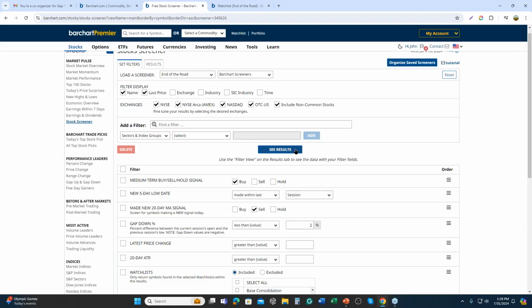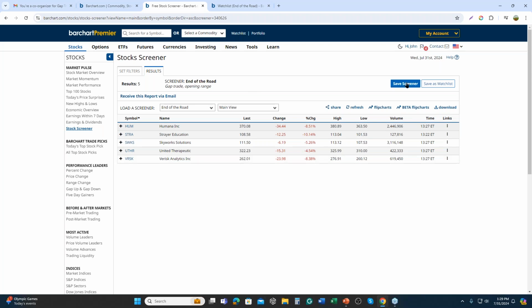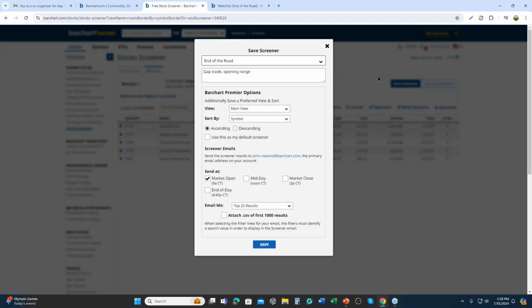All right, so my results here, 4 results, and then I can save this screener. One of the benefits of being a premium member is I can name that screener and save it. And what I do is have this screener sent to me at the market open, after about the first half an hour of trading.